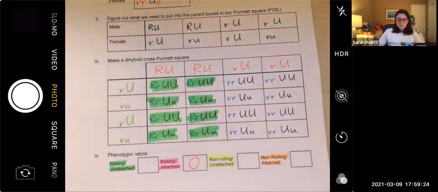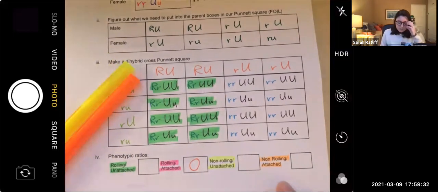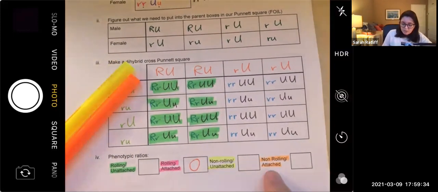Now we have to determine which ones are going to be yellow and which ones are going to be orange. We know it's going to be non-rolling because we have these recessive r's here. But now we have to think about the attachment of the earlobes. Are they unattached and dominant, or attached and recessive?